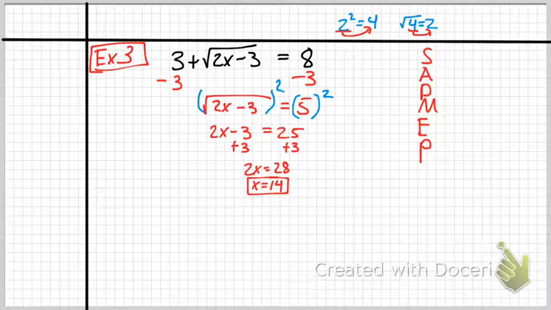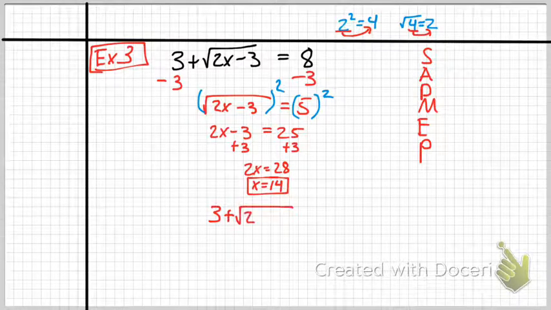Alright, now let's verify that this will actually work for our situation. So we have 3 plus the square root of 2x minus 3, and we're going to plug in 14 for x.